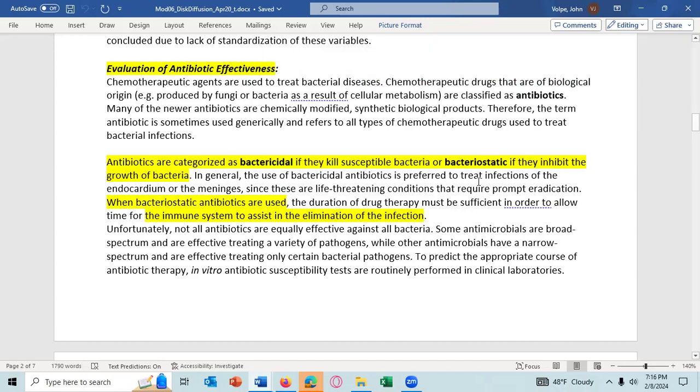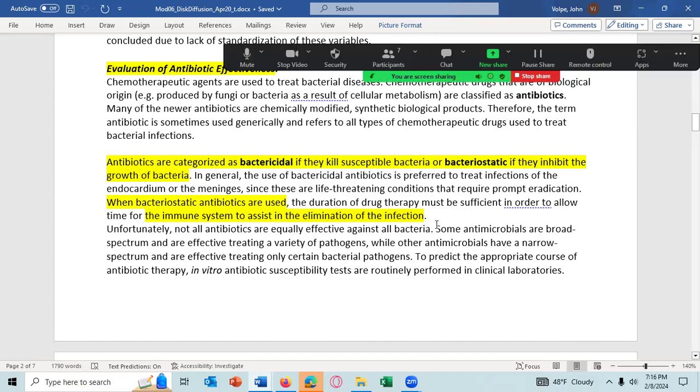With a bacteriostatic antibiotic, we're relying on the host immune system to assist in the elimination of the infection. So you apply the bacteriostatic agent, the bacteria stop growing, that gives the host immune system the time it needs to eliminate the bacteria from the host. Any question about any of that?